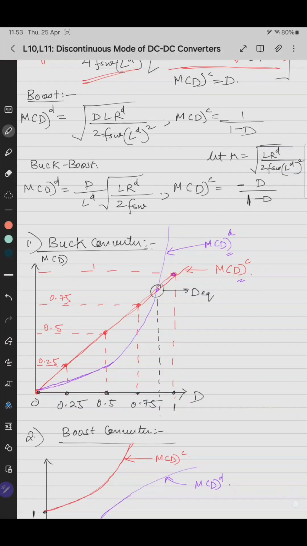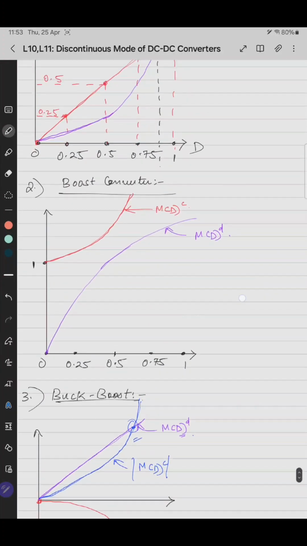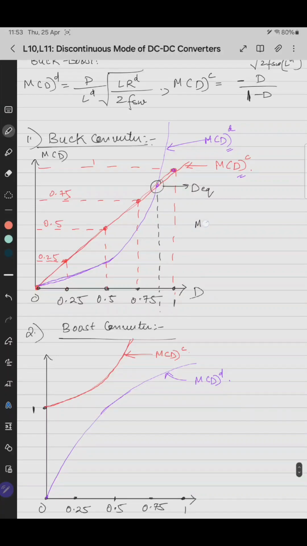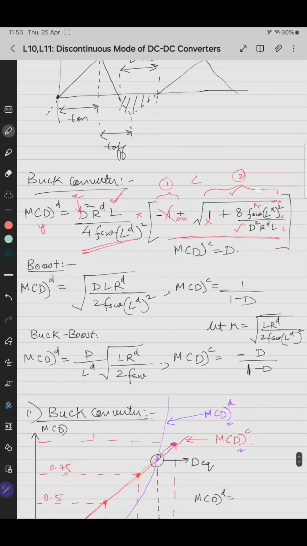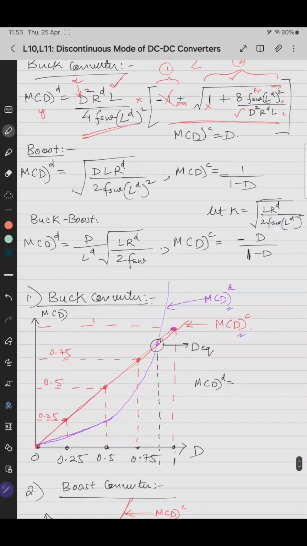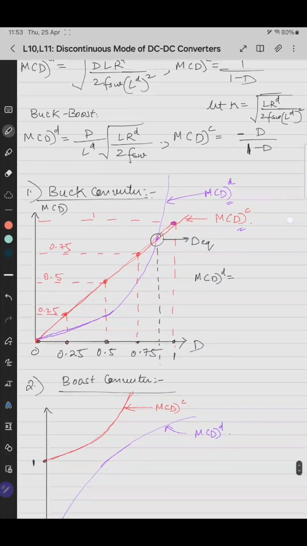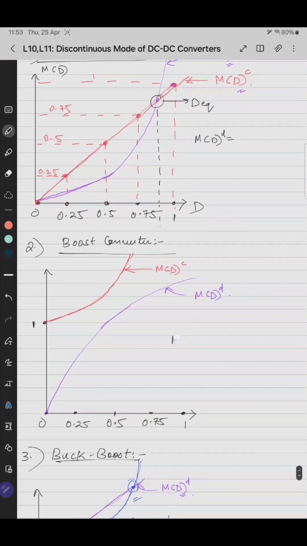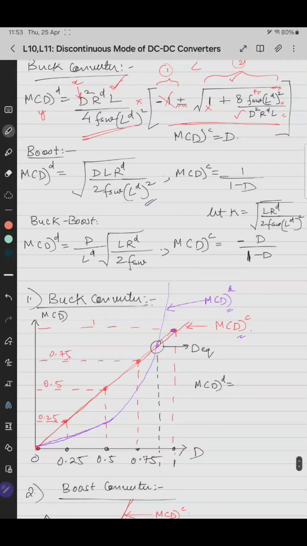This is some K. Therefore, in this case, M of D will be what? For a buck converter, M of D is root of D into K, because K is multiplied here.